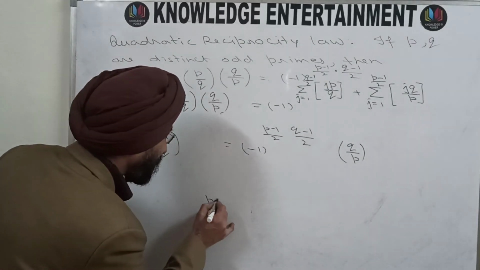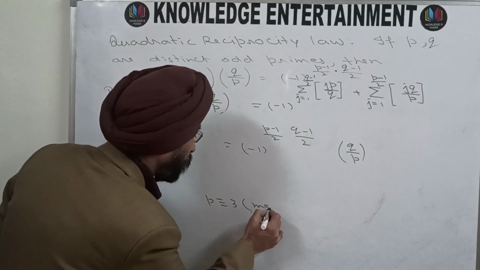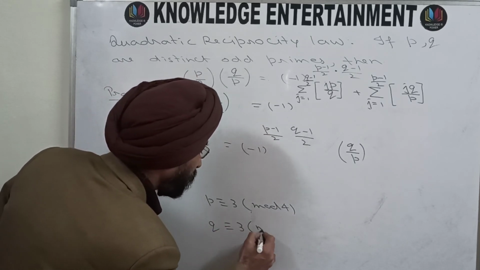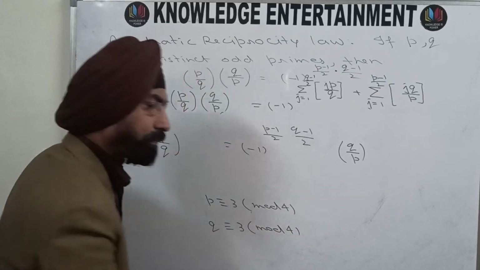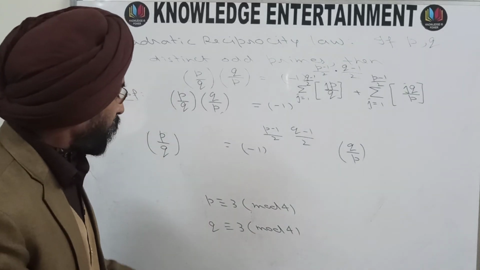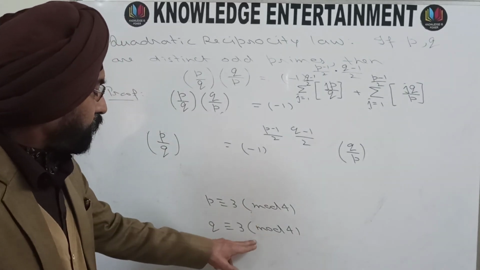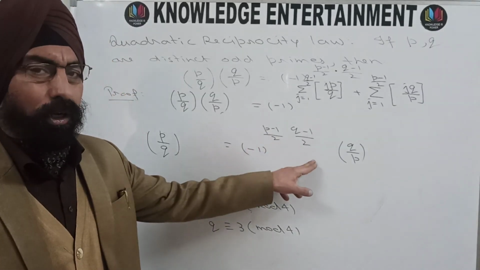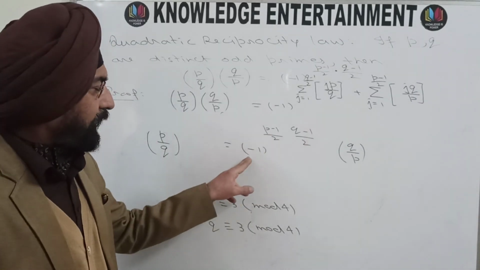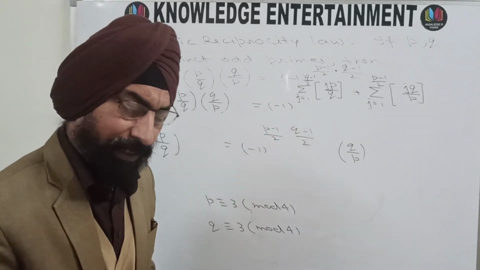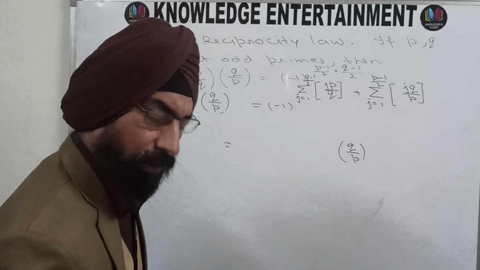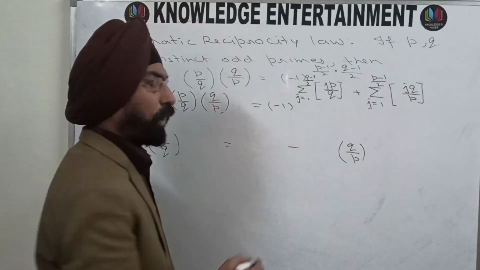If p is congruent to 3 modulo 4 as well as q is congruent to 3 modulo 4, then when you substitute p equal to 4k plus 3 and q equal to 4k plus 3 here, both of these numbers will be odd. Odd into odd is odd, so minus 1 raised to the power odd will become minus 1, and in that case the Legendre symbol p by q will be equal to minus the Legendre symbol q by p.